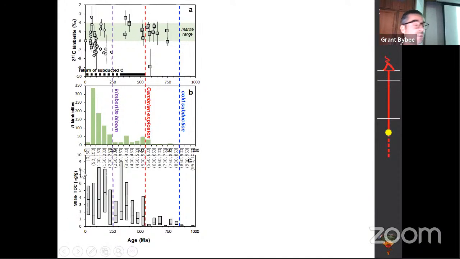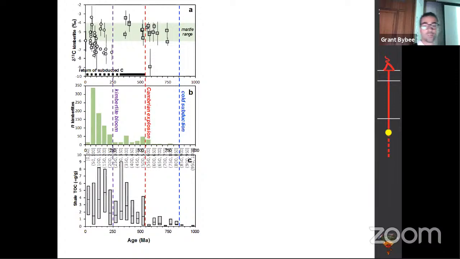These coincide with an increase in organic carbon deposition in the sea bottoms, as indicated by total organic carbon in shales through time. So the idea that I'm trying to push here is that with the Cambrian explosion, we have more organic carbon deposited in marine sediments, and therefore more organic carbon ultimately subducted into the deep Earth.